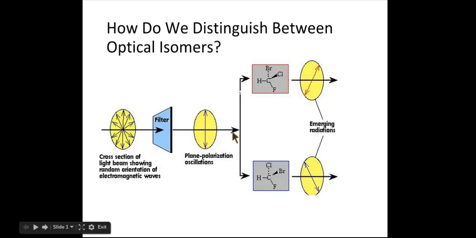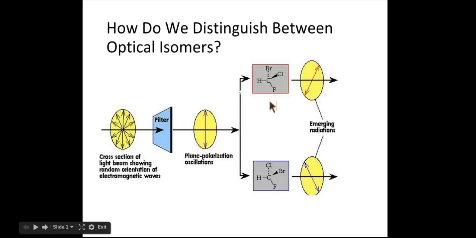Then if you imagine we shine that on our pair of optical isomers, I've got a red one here and a blue one down here. Just check you agree there's a chiral center there, and so we have optical isomerism possible, and we've got one form in the red box and the other form in the blue box.